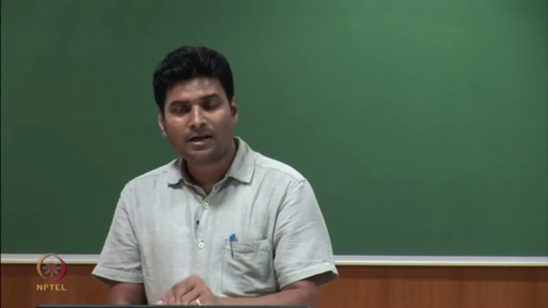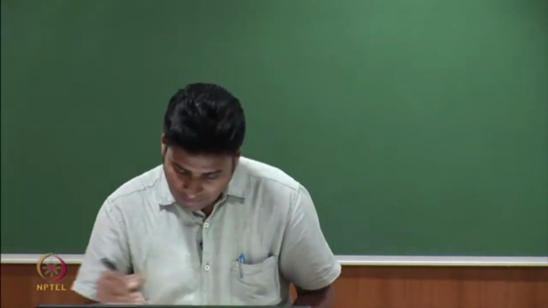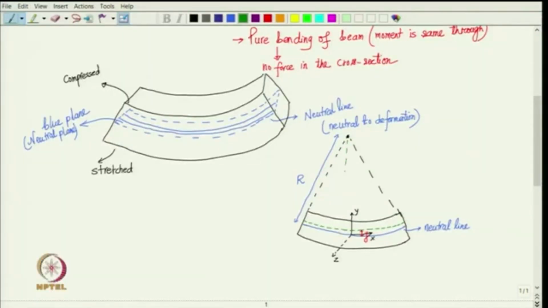Because the green line and the blue line are separated by y. So, for the green line, the radius is big R minus y, correct. Let us suppose this angle here, that is theta, right.